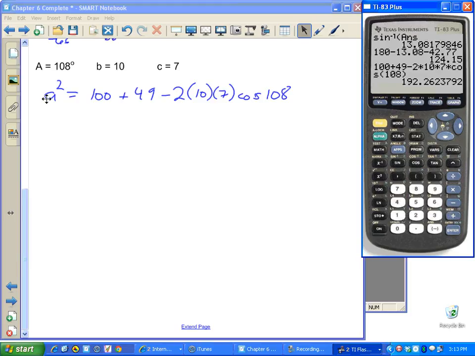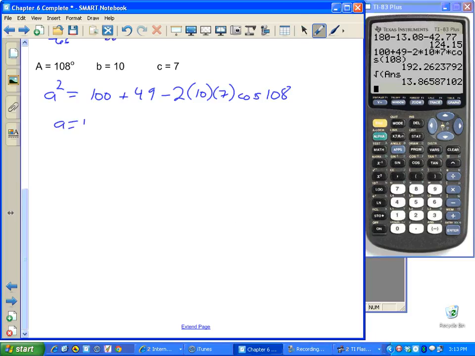I get this. That's what A squared is, so I'm going to square root it to get A.